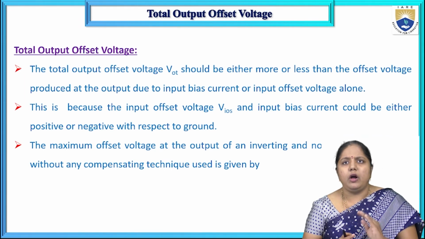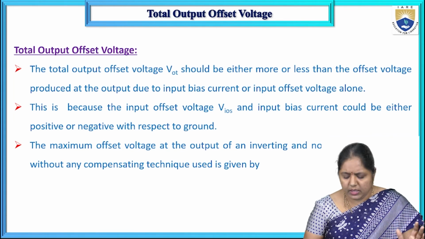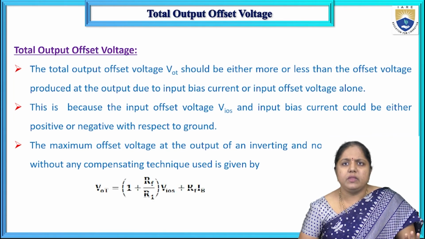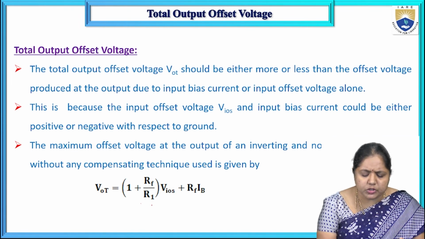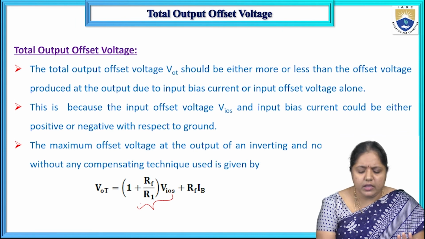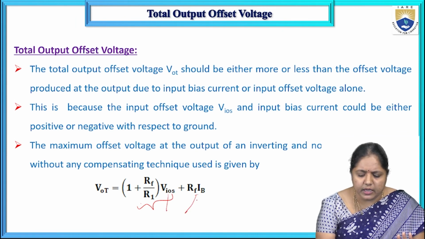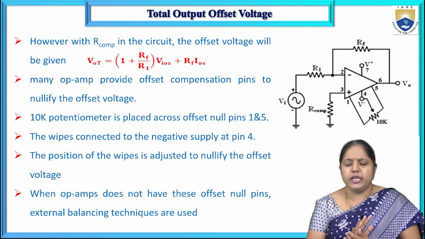Because of these offsets, whatever output voltage I am getting, I am representing it as the summation of the output voltage due to the input offset voltage and input bias current.